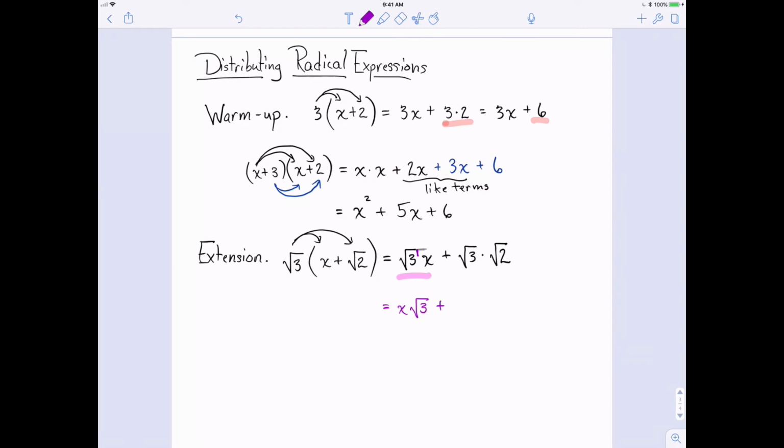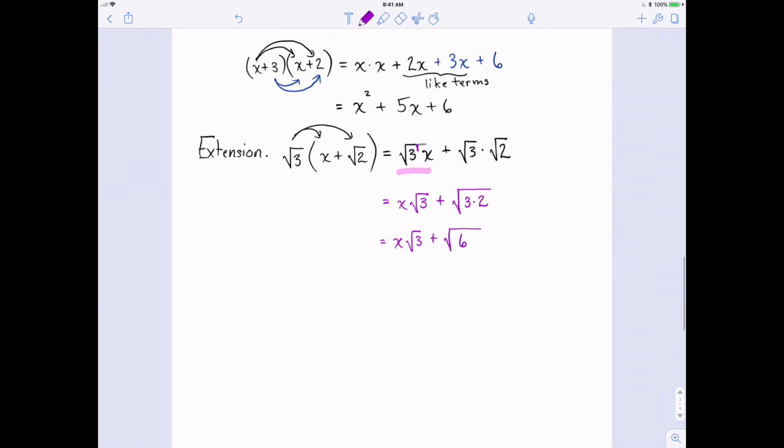Okay, let's continue. Plus, then I have the square root of 3 times the square root of 2. Remember, since they're both square roots, they have the same index, so we can put them both inside the square root. And so our final answer is x times the square root of 3 plus, we already know 3 times 2 is 6, so plus the square root of 6.